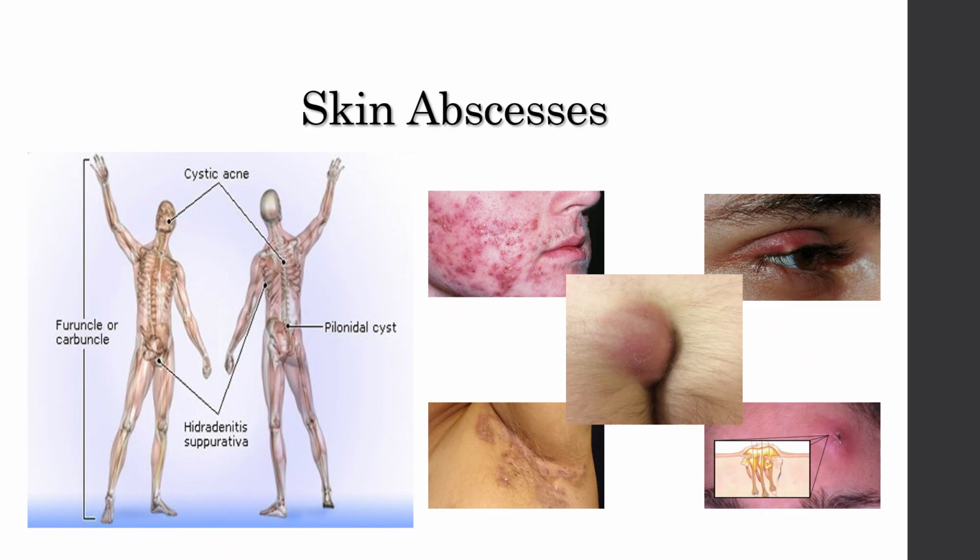This is a chronic inflammatory disorder affecting apocrine gland bearing areas, so the axilla, the groin. Recurrent abscess formation can lead to sinus tracts and scarring. And there are pilonidal cysts. This is often near the sacrococcygeal region. Hair plus friction plus inflammation equals infection risk.